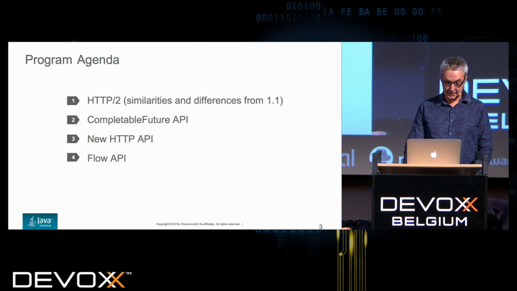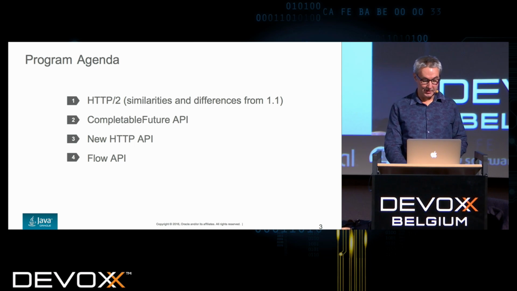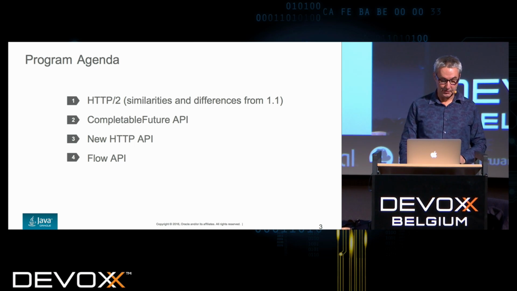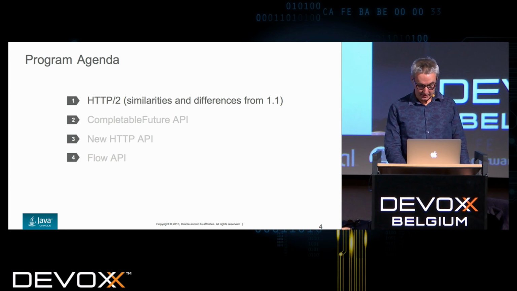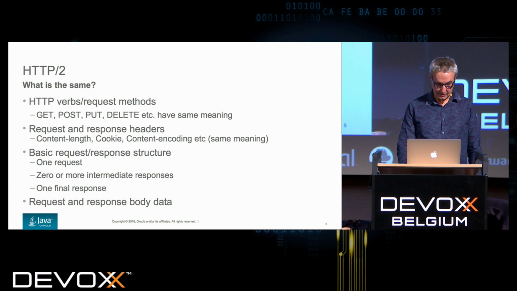Then we'll go into the HTTP API itself, and finally a little bit about the Flow API, which the HTTP API makes use of, but sections 3 and 4 are more or less the same topic. Okay, so straight into the first section.